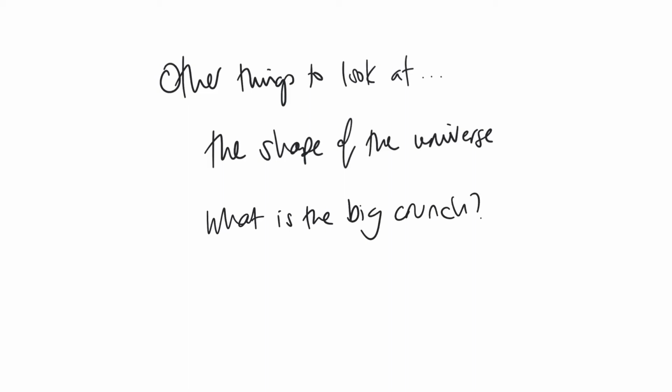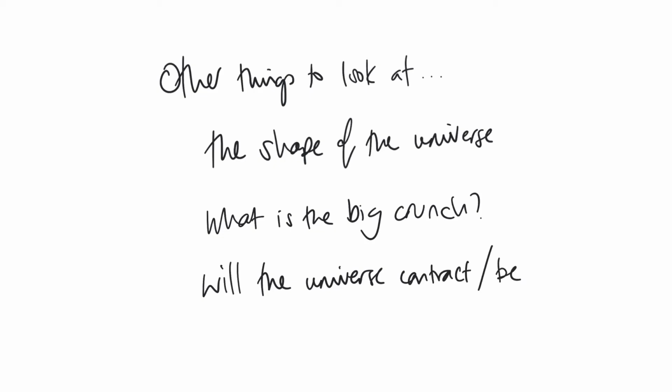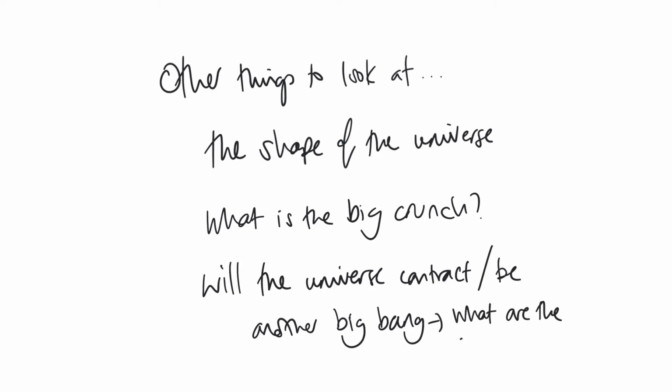Equally, you might have heard of the Big Crunch. Well, what is it? And linked to that is, will the universe contract? Will it carry on expanding? What's going to happen over the next 13, 14 billion years? Anything? Will there be another Big Bang? Have there been previous Big Bangs? And then with all these things, what are the conditions that need to be met?